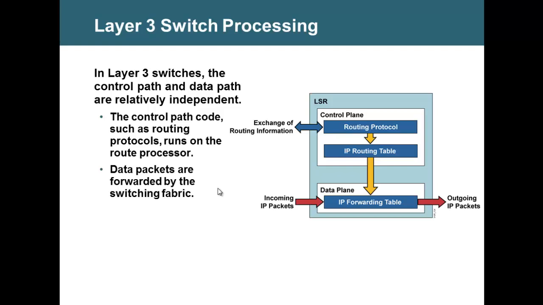The control plane will command, okay, do like this, send it via this interface. The control plane does this job based on the routing protocol information in the routing table. Based on that information, the data plane moves the packet.